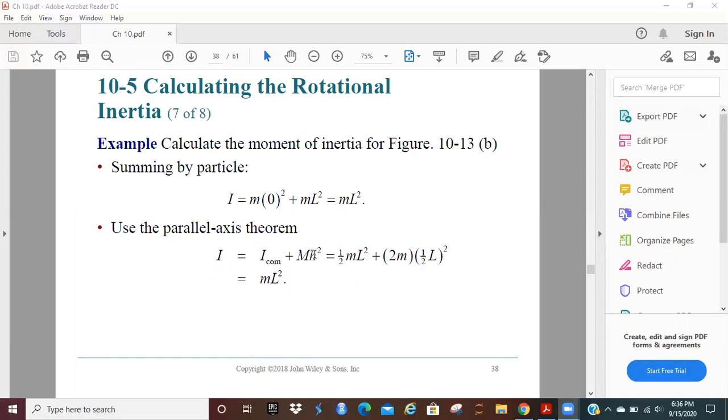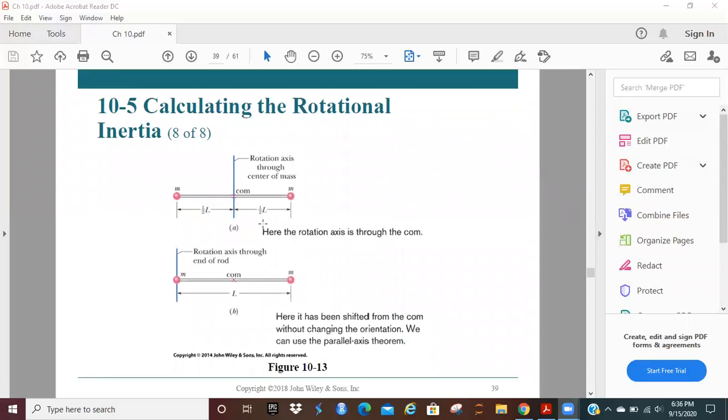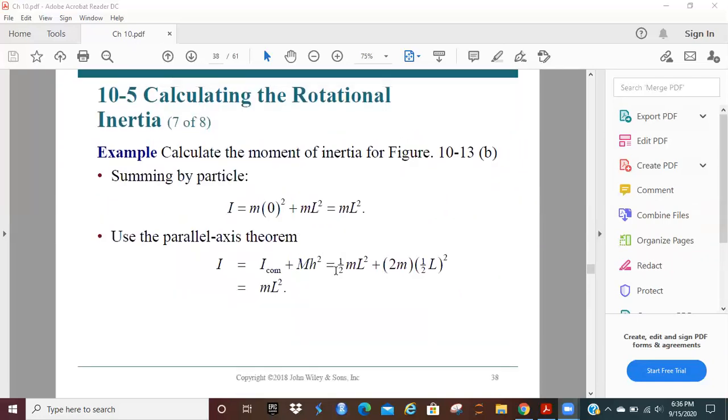Plus what we have here for these 2 points and how far away they are from this axis. And then you can put all of that together, and you come up with the same thing. So by using the parallel axis theorem, we come up with the same thing as if we sum it by particles. Sometimes it's a little bit easier to use that, other times maybe not, but it's always something to keep in your back pocket.